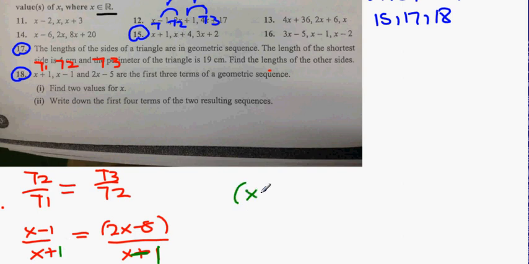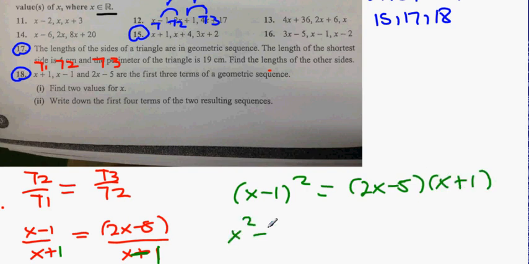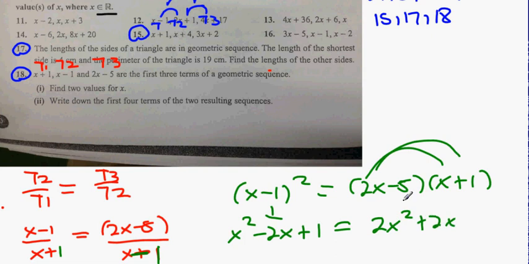So we're going to get x minus 1 squared equals 2x minus 5 into x plus 1. We're going to get x squared minus 2x plus 1 when we multiply that out. Then we're going to get 2x squared plus 2x minus 5x. Well, we all know that's minus 3x, and then minus 5 by 1 is minus 5. Bring everything over one side.